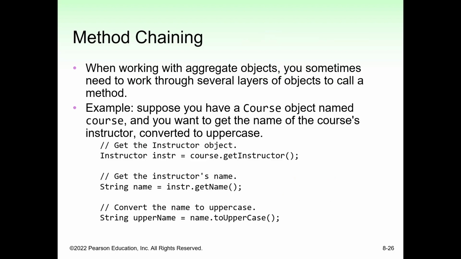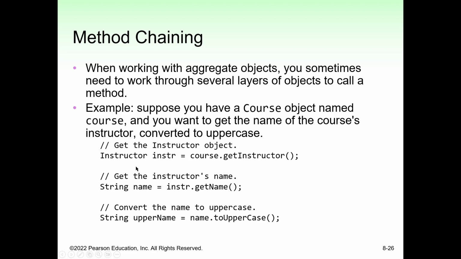Now let me introduce you to my favorite part of Java, which is called method chaining. Sometimes whenever you're working with objects, you will have to go through several layers of those objects. Think of it as an onion. Whenever you're peeling an onion to get to the middle, it's the same with objects.